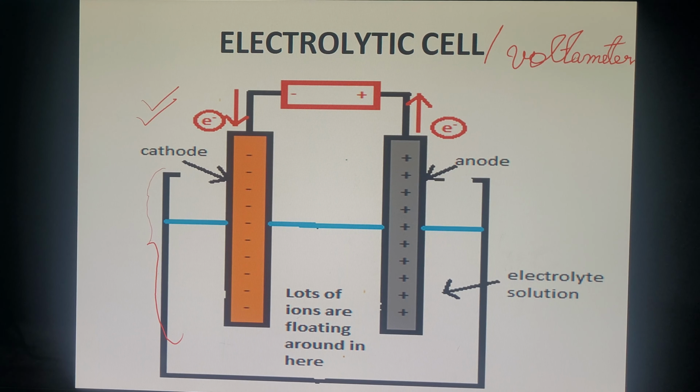What's the other name for electrolytic cell? It's also called a voltameter. On what factor will you decide whether you can use this particular electrolytic cell or not? Whatever vessel you're using, it should be a non-conducting vessel. It should not be conducting electricity on its own. I hope I have made myself clear.